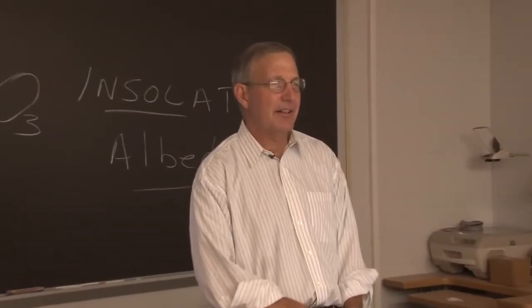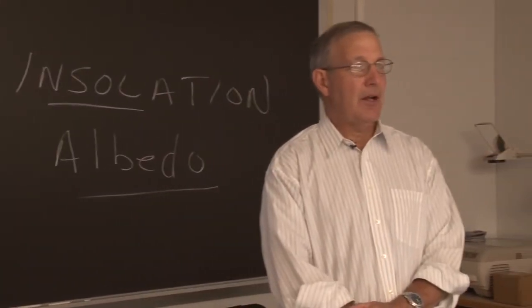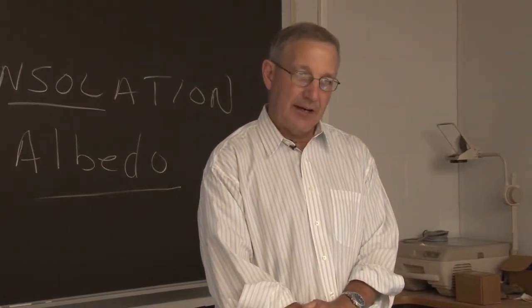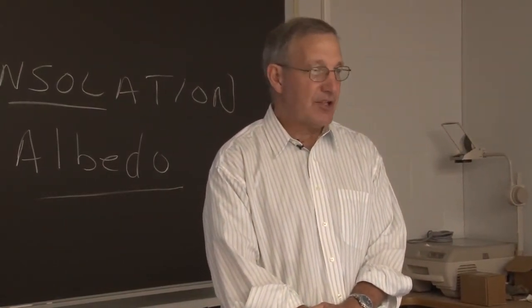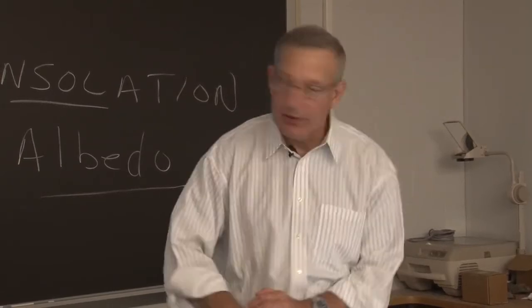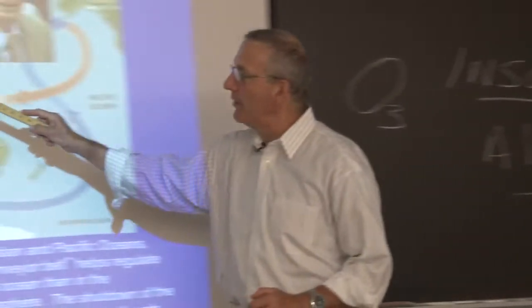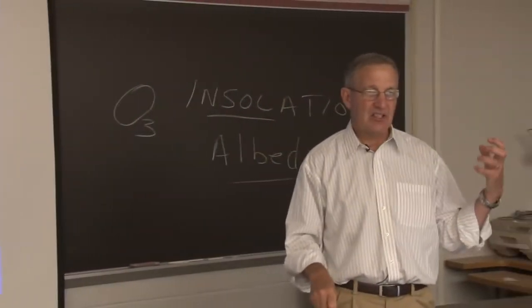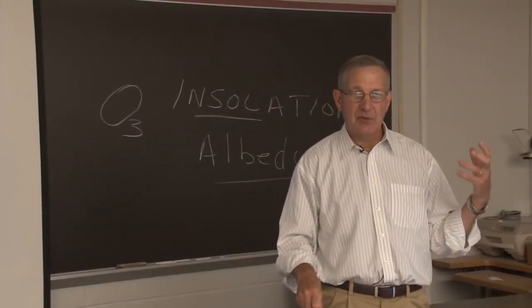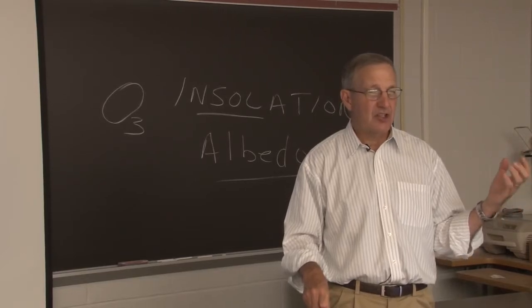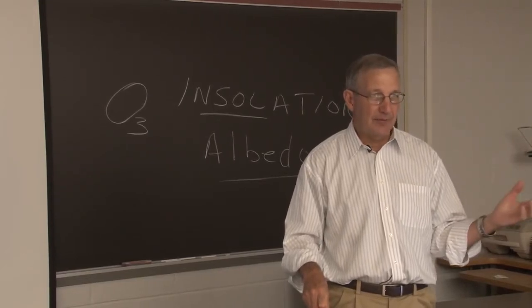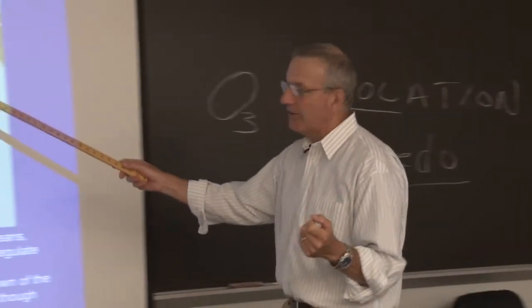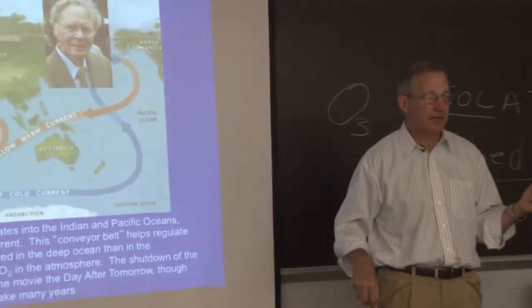Why this is important is you will hear, and there was some discussion, we may be affecting the conveyor belt, putting fresh water in, say by melting Greenland's ice sheet. If we put fresh water into the surface of the oceans, it means it's less dense, which means we could be affecting the strength of this conveyor belt. If the conveyor belt weakens, what happens to the surface temperatures in Europe?